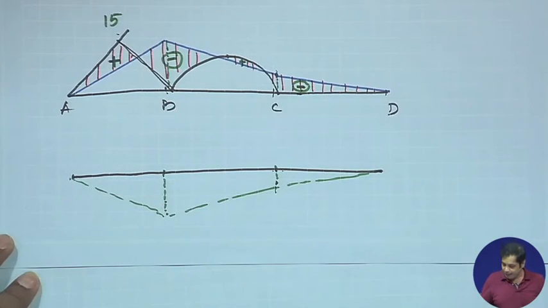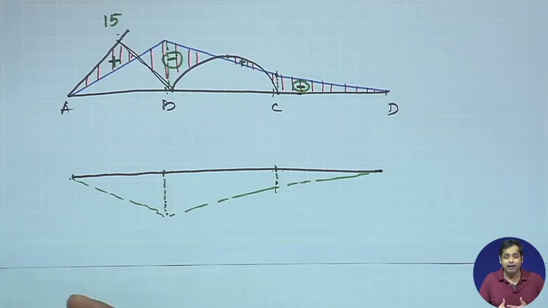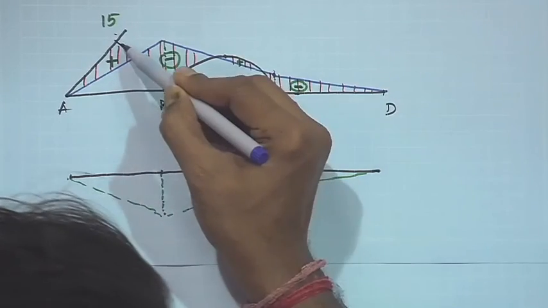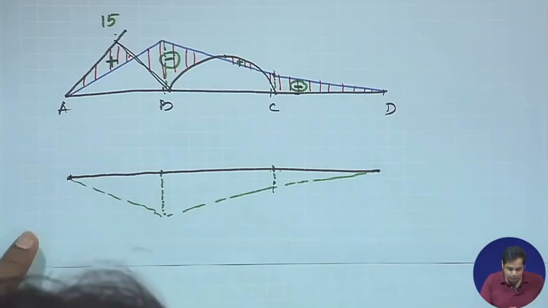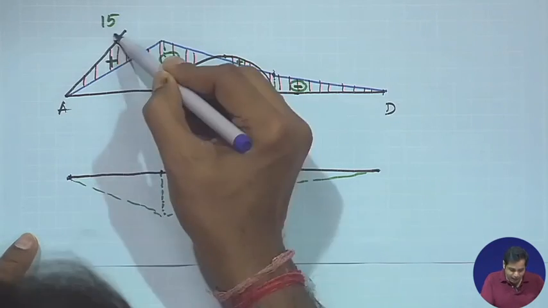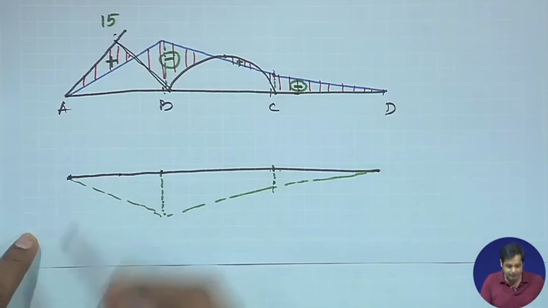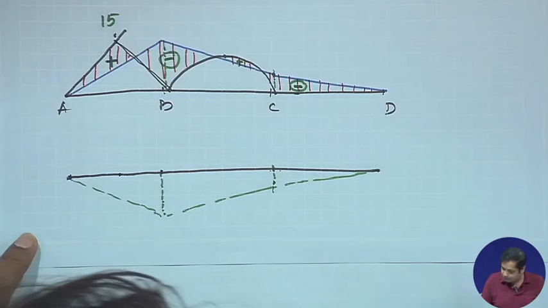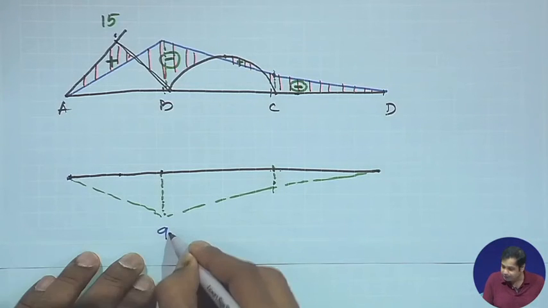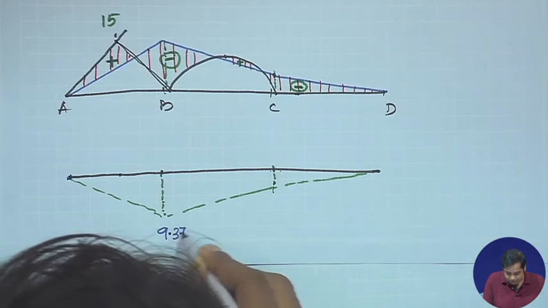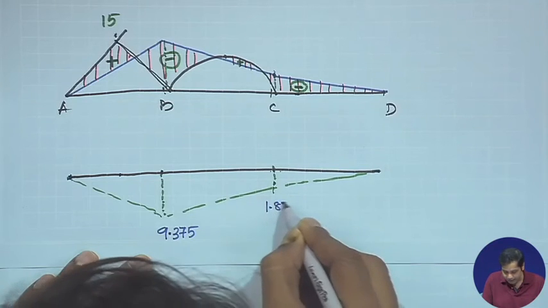So, the negative bending moment is this. Okay. Then, since the superposition is valid, the total bending moment at any section will be the bending moment due to the external load plus the bending moment due to the redundant forces. Now, the bending moment due to external load is this. You draw the bending moment: at A it is 0, at B it is 0, at this point it is 15, but this value is 9.375 and this is 1.875.